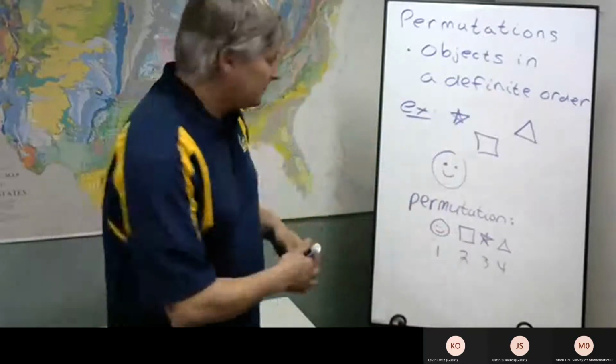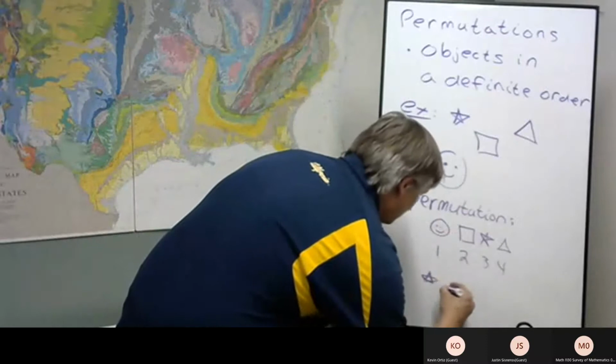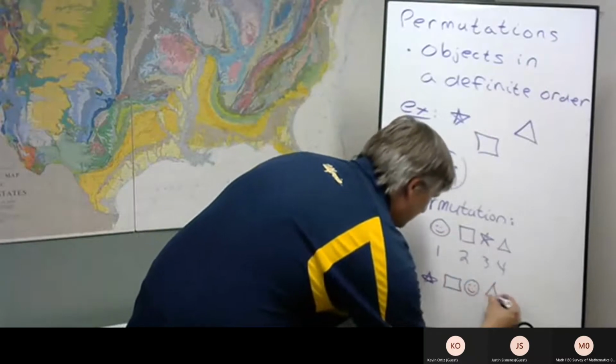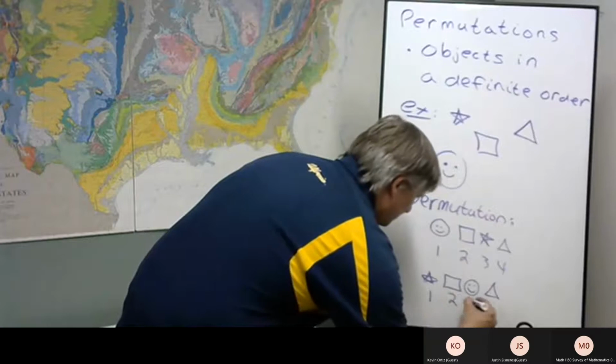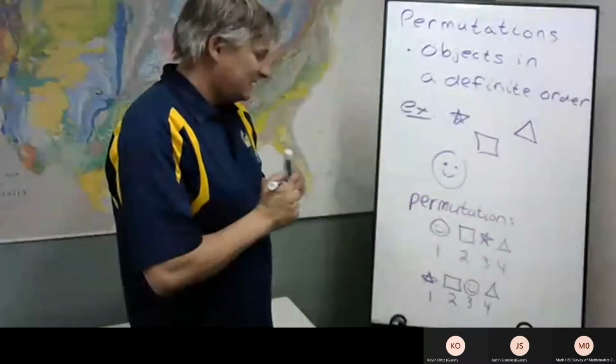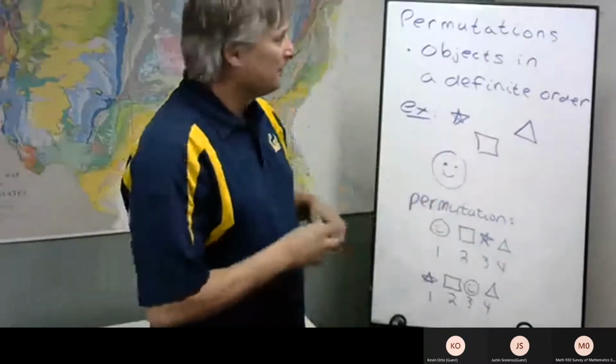Now there could be others. You could do something like this. Can you see that? Okay. So this would be another permutation of these same objects.